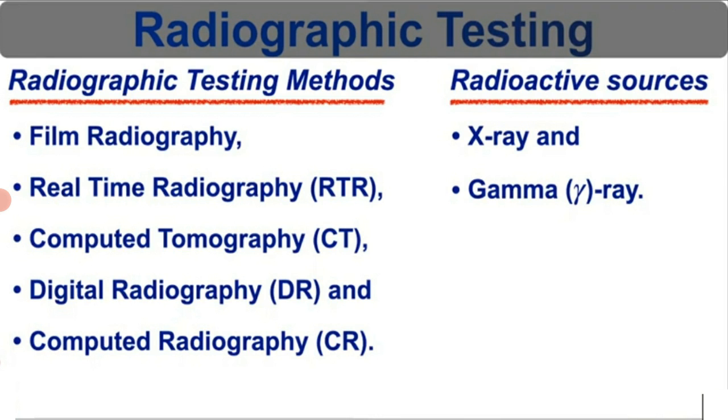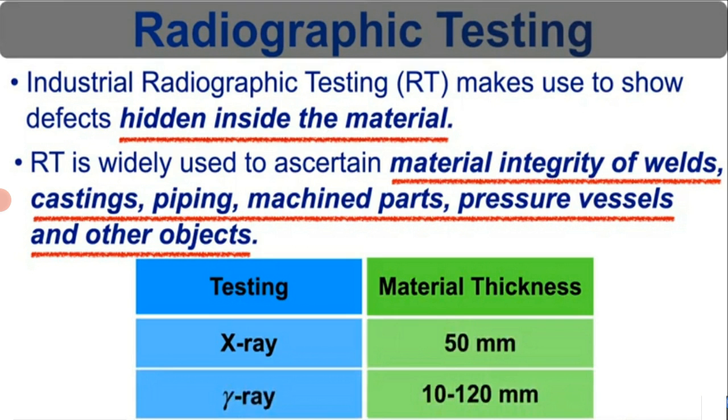There are some methods of radiographic testing. First one is film radiography, second real time radiography, computed tomography, digital radiography and computed radiography. And radioactive sources are X-rays and gamma rays.